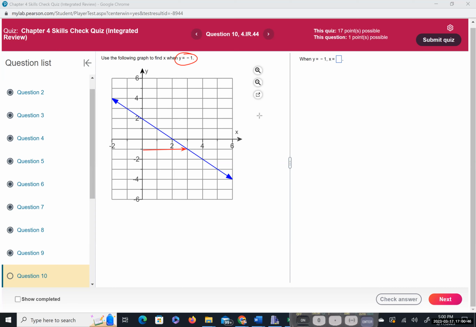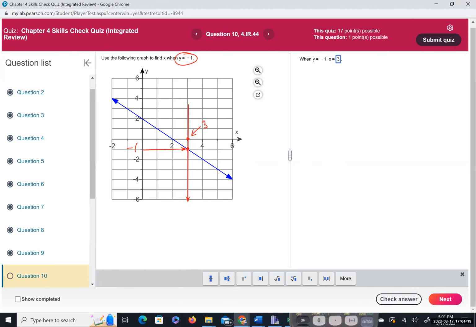You're gonna use a horizontal line to get the point on the graph. From this point, you're gonna draw the vertical line, and it will tell you the x value, which is gonna be 3. So you will have x equal to 3 in here.